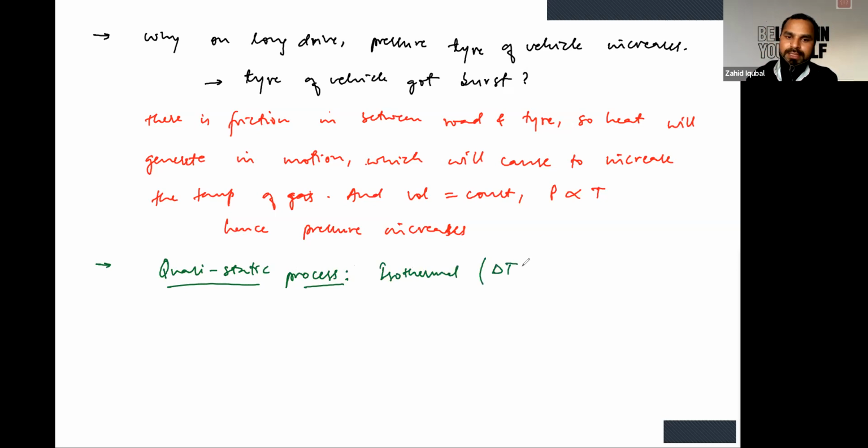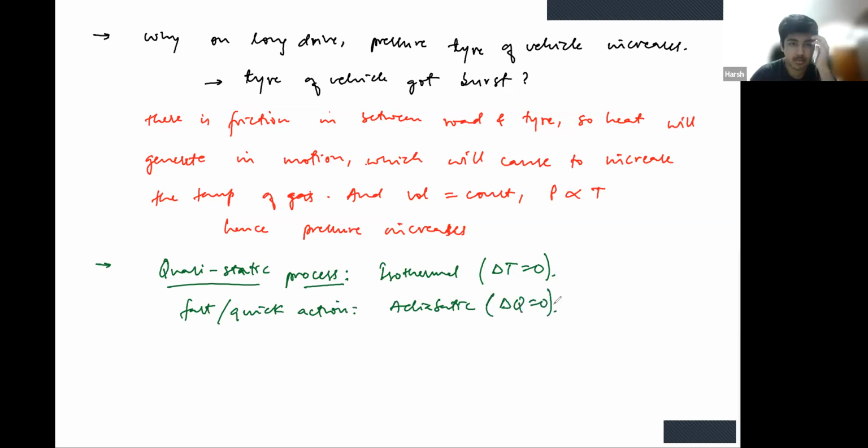It means delta T will be 0. And if a process is occurring very fast, with quick action, then it is adiabatic. Delta Q is equal to 0. Is it clear? Yes, sir.